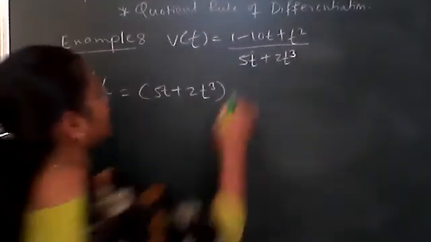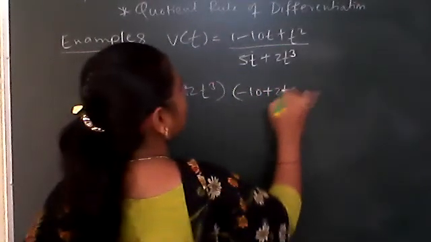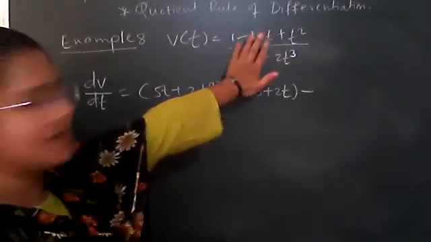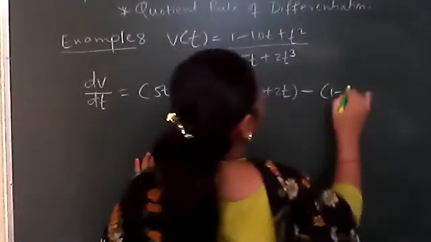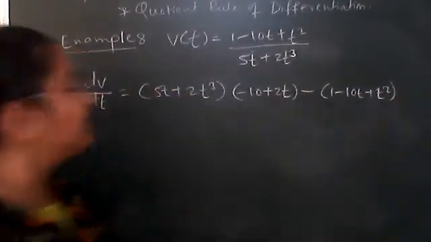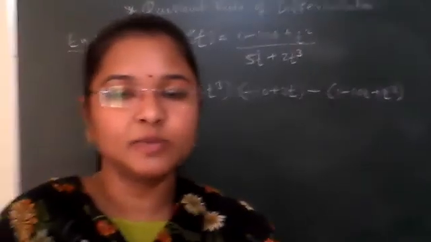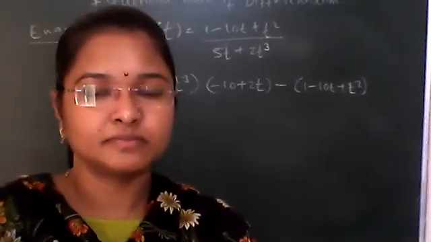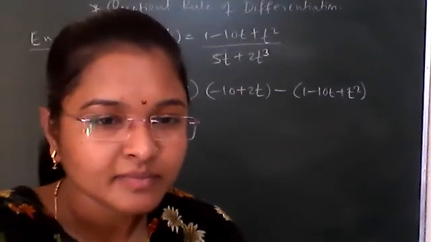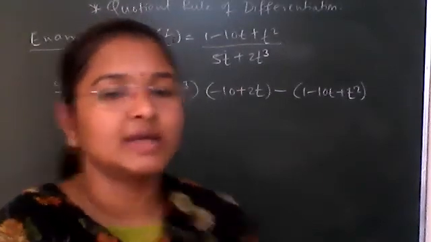Yes, very good. Minus first function as it is, that is 1 minus 10t plus t square, times the derivative of 5t plus 2t cube. What is the derivative of 5t plus 2t cube? 5 plus 6t square.